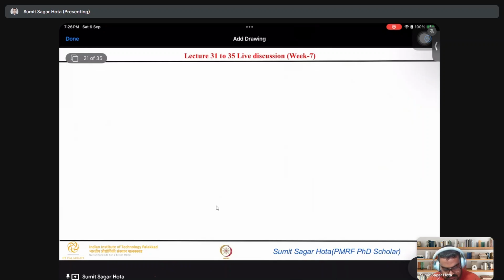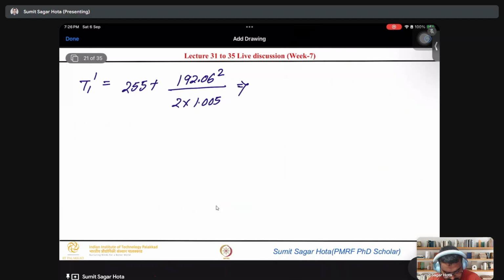Let's substitute and find out T1 dash. T1 dash is equal to 255 plus 192.06 square divided by 2 into 1.005. So T1 dash is equal to 273.35 Kelvin.